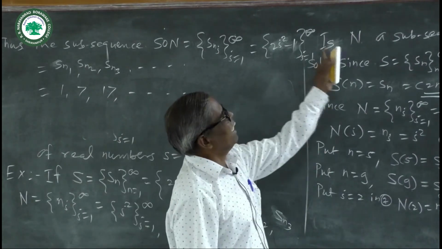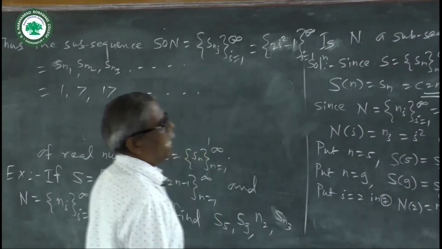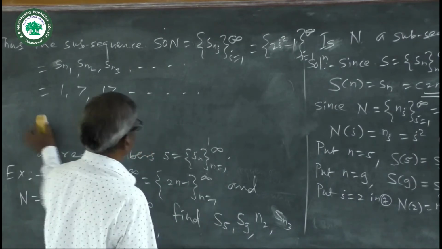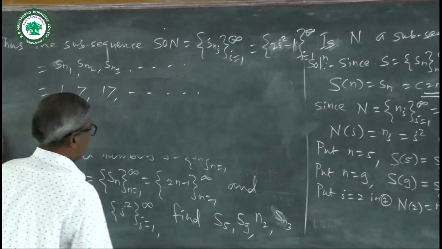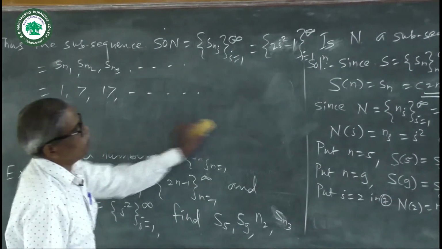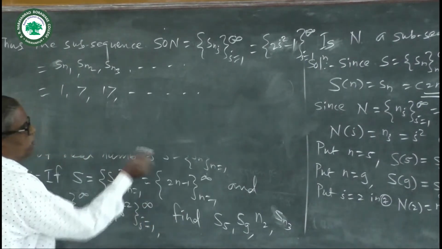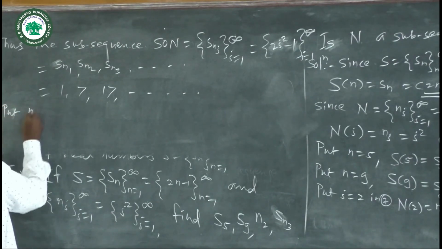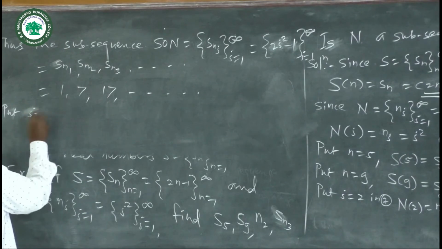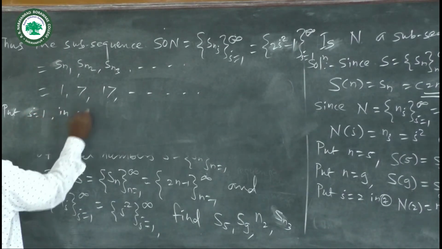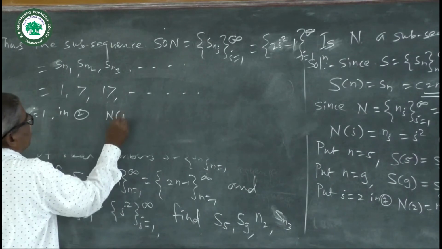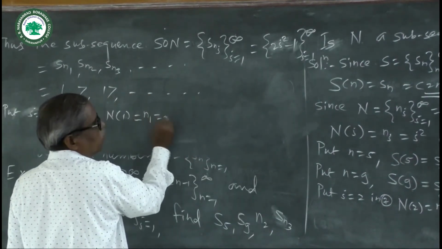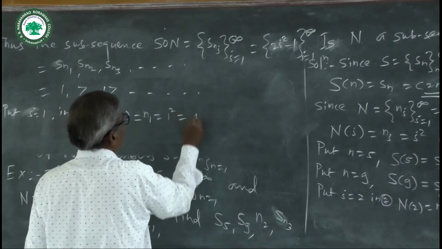Another question: capital N is a subsequence of k, where k is equal to 1, 2, and so on up to infinity. Here capital N is a subsequence of positive integers. We calculate. Put small i is equal to 1 in N: capital N operates on 1 is equal to small n_1, which is equal to 1 square, which is equal to 1.